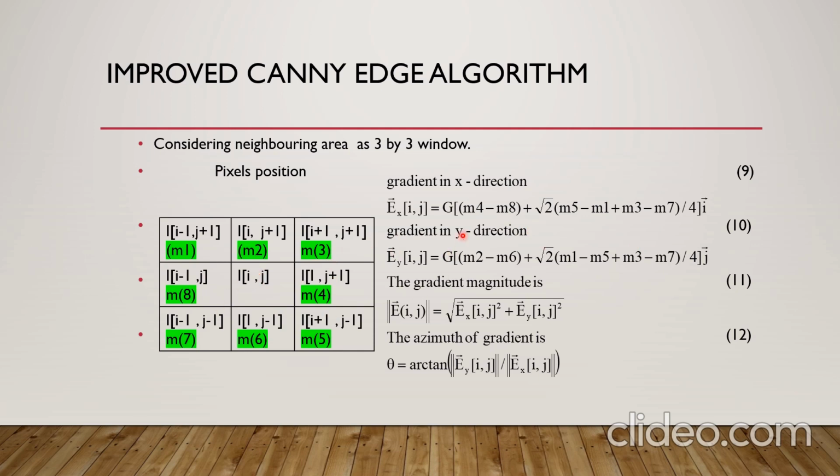So in this way you can find out the gradient in x direction for all neighborhood pixels. Similarly, we can find the gradient in y direction like that. For m2, g into m2 divided by magnitude of r square into r vector divided by magnitude of r. Here magnitude of r is nothing but the distance between two pixels is 1.